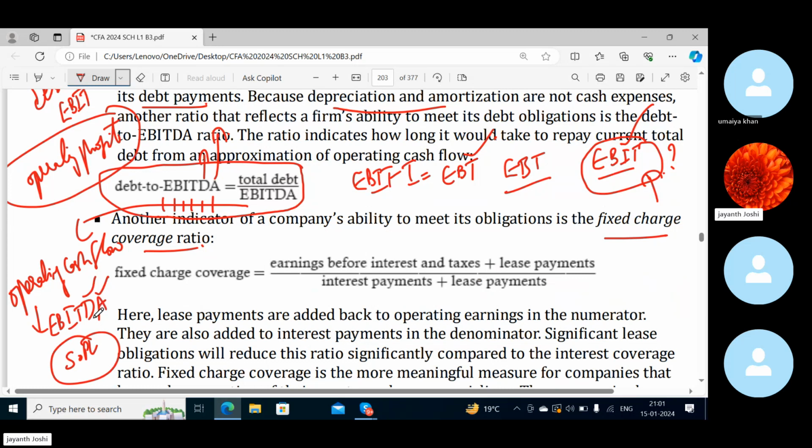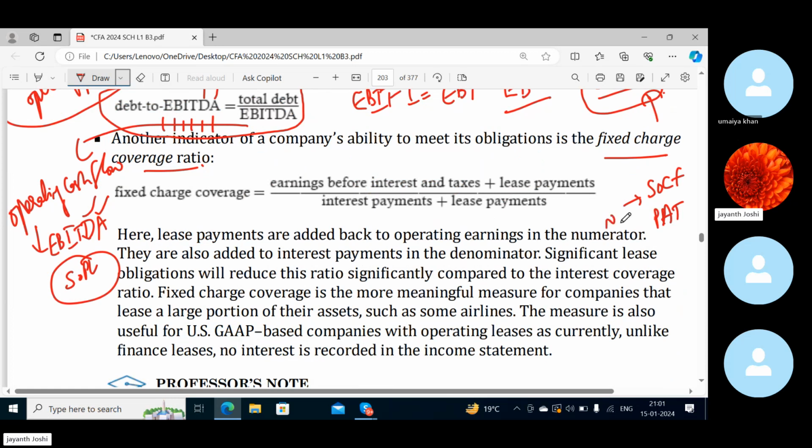Nothing is going out of your hands in this. So when you make a statement of cash flows, you start your cash flow statement from PAT or net profit, and to that you add depreciation and amortization. Please tell me yes or no if you remember cash flow statements, all of you.